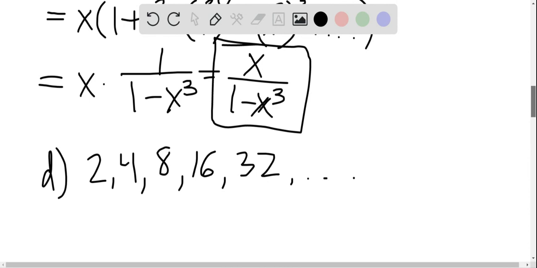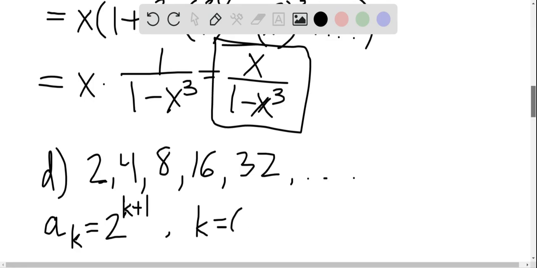And so we have that the rule here is a sub k is going to be 2 to the k plus 1, where k is equal to 0, 1, and so on.